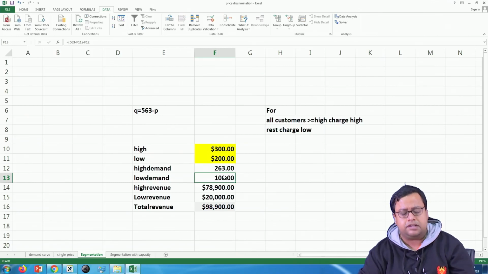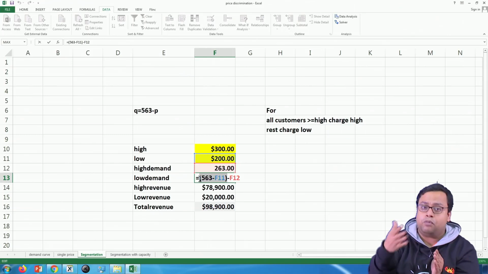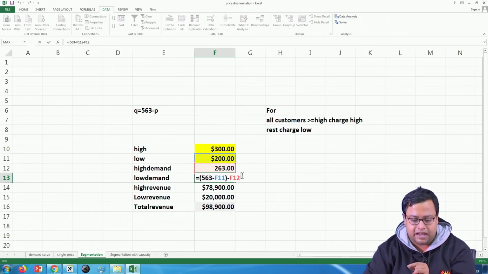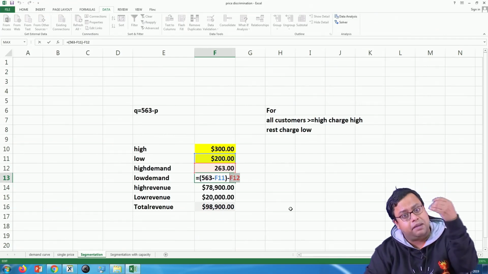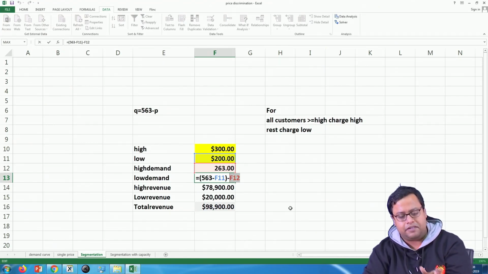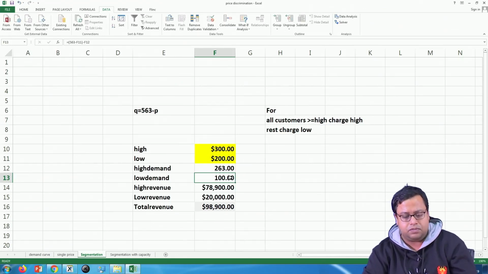So, 563 minus 200 comes to 363, this part. This is the demand when the price is low, but there are people who are willing to pay more than $200. They have already bought at a higher price. How many of those people? F12 number of people have already bought at a higher price, so they will not buy once more. So, 563 minus F11 minus F12 is the demand you get at a lower price.